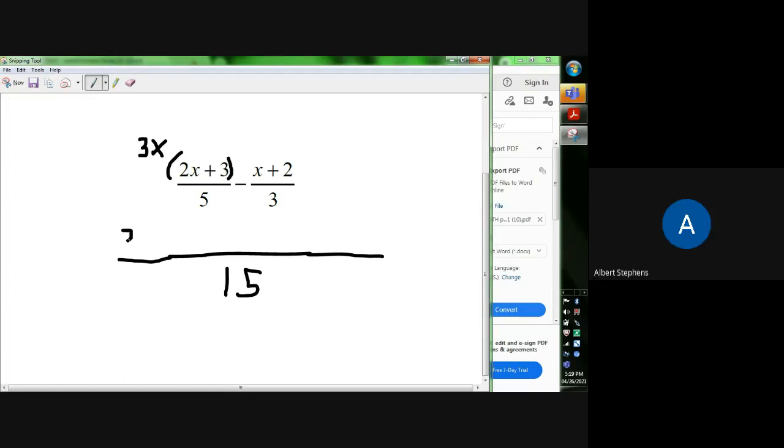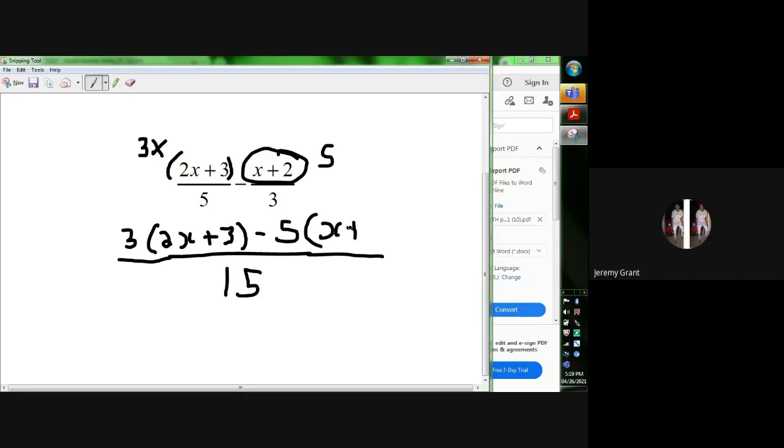But what we do, we write it down here. So 2x plus 3. Subtract 3 into 15 goes what? 5. So it's going to be 5 times x plus 2.